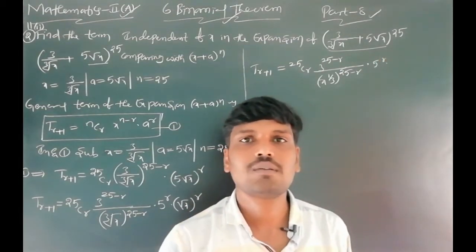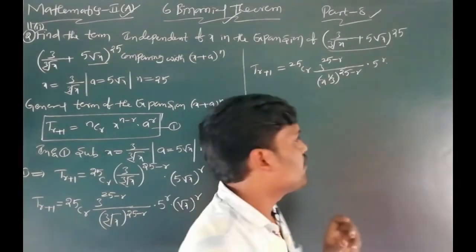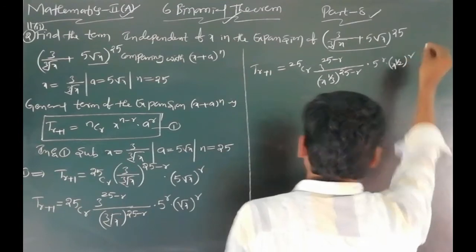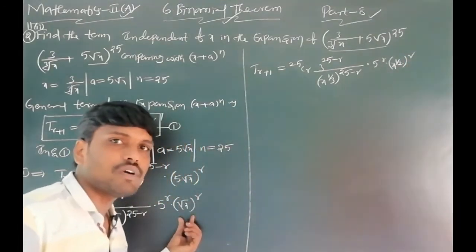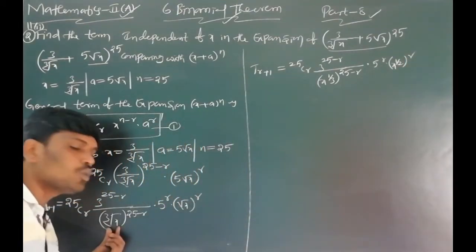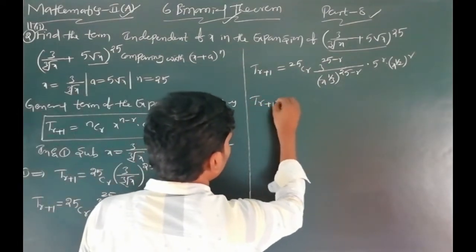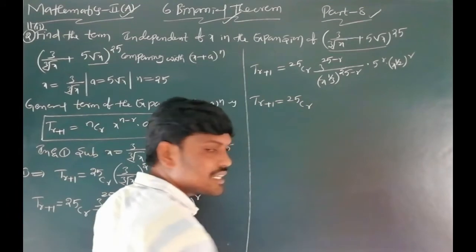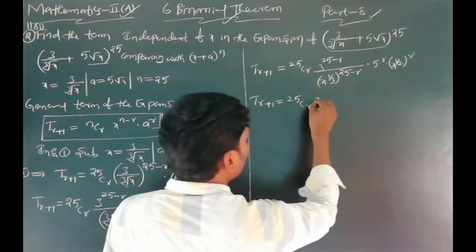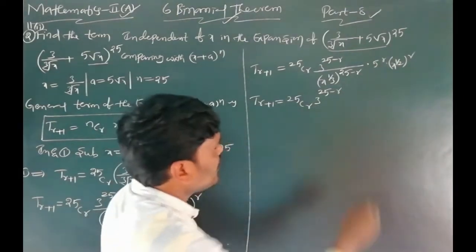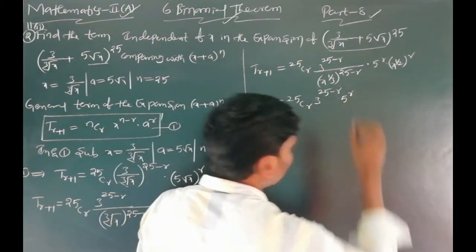Square root of x is nothing but x power 1 by 2, all power r. Then we separate the constant terms: 25Cr is constant, 3 power 25 minus r is also constant, 5 power r is also constant.